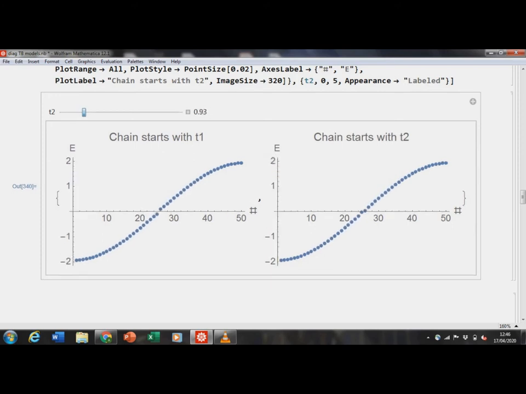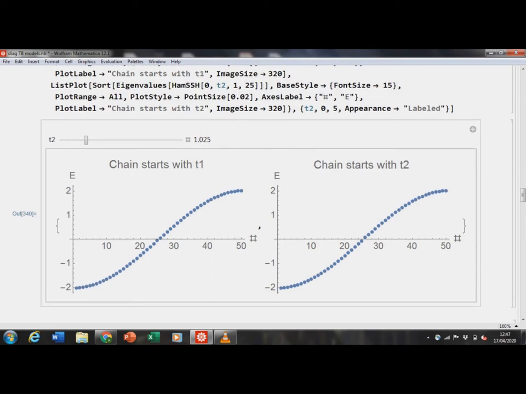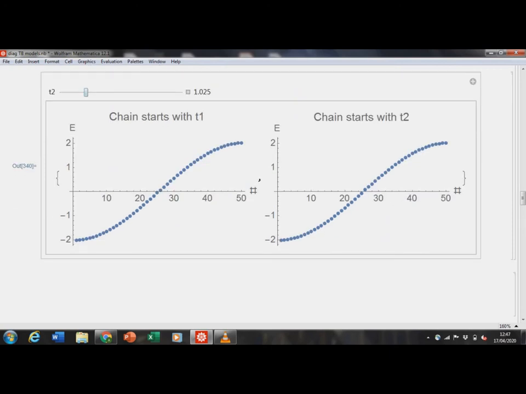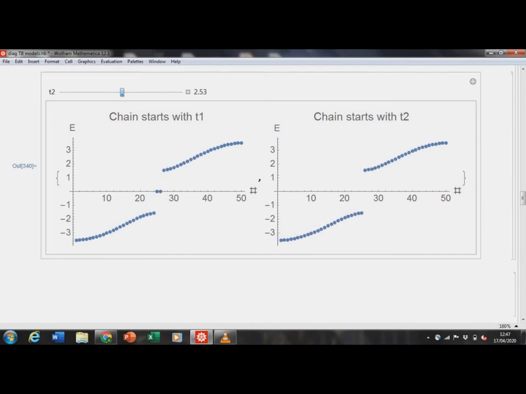As I increase the T2 further, I can close the gap, and now I have a homogeneous system when T1 is equal to T2. This is the metallic system we looked at before. We don't have a unit cell of 2 sites. Now everything just looks exactly the same as I go down the chain, and I have a cosine-type behavior of the eigenenergies in both cases. This is the symmetric point where the 2 situations are equal.